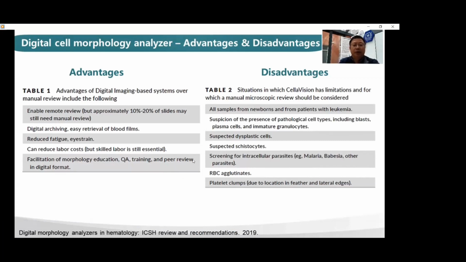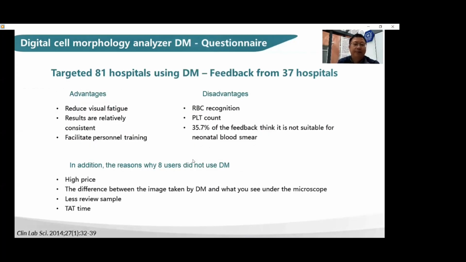From the disadvantage perspective, we say that all samples from newborns and from patients with leukemia and suspicion of the presence of pathological cytotypes, including the blasts, the plasma cell, and the immature granulocyte, suspected blast cells, suspected others, and also the screening of the intracellular parasites.